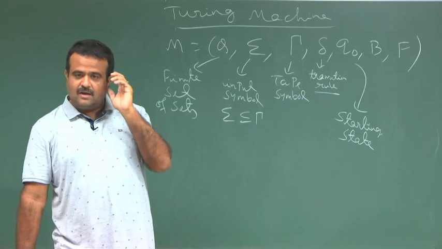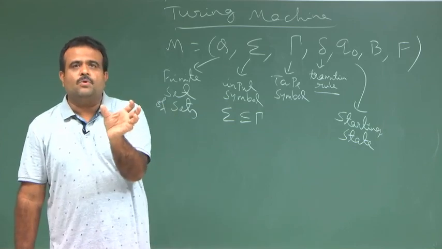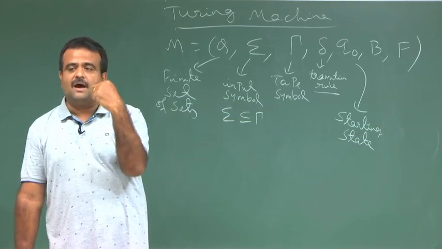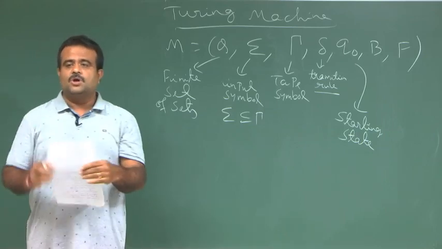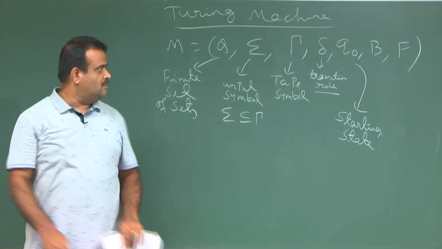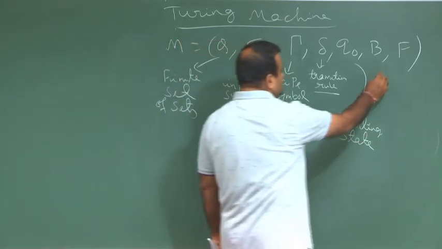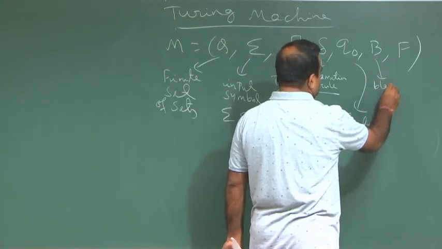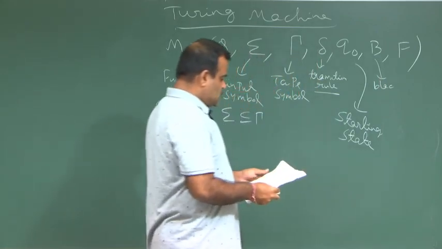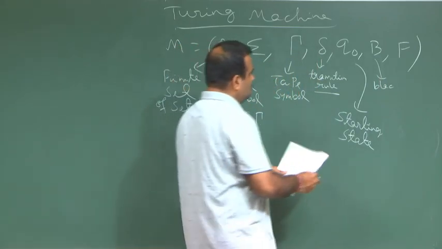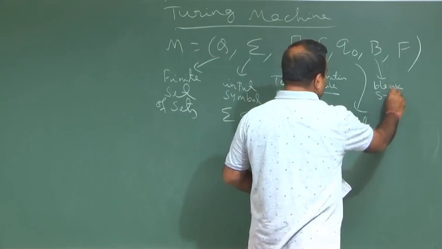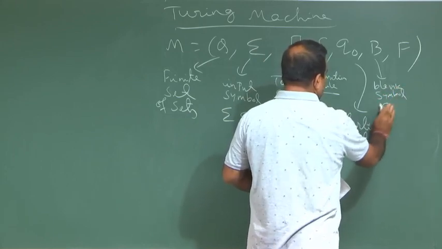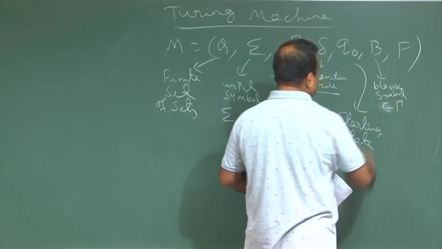That means, once we put an input into the tape, after the last symbol of the input, we have the blank symbol. B is the special symbol which is called the blank symbol, which also comes from the set of all tape symbols.